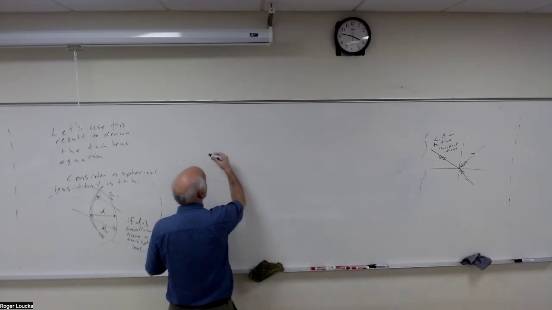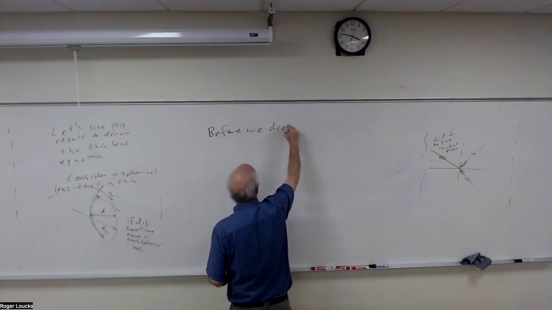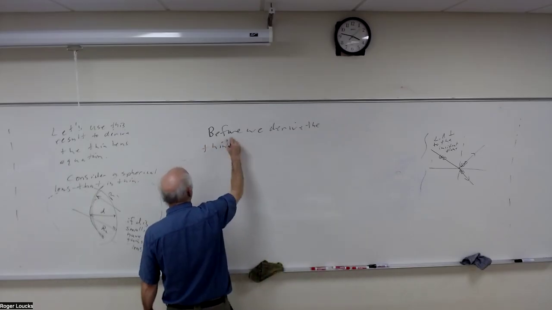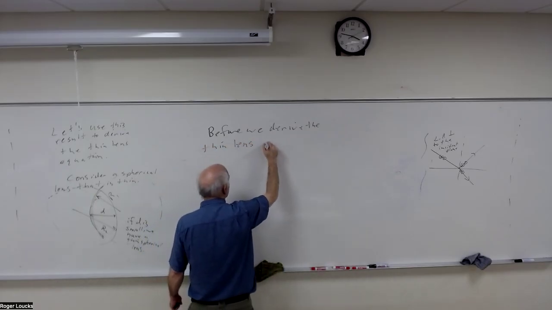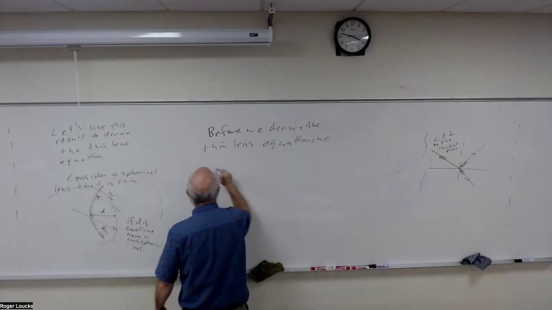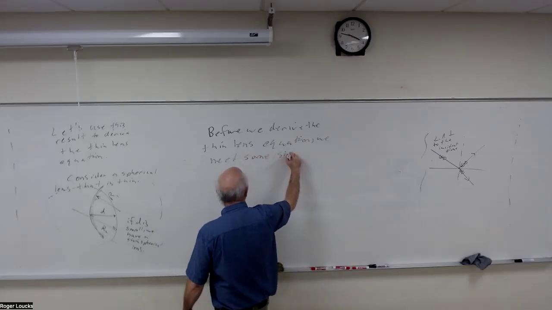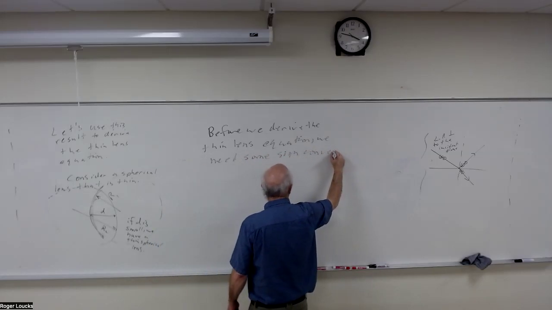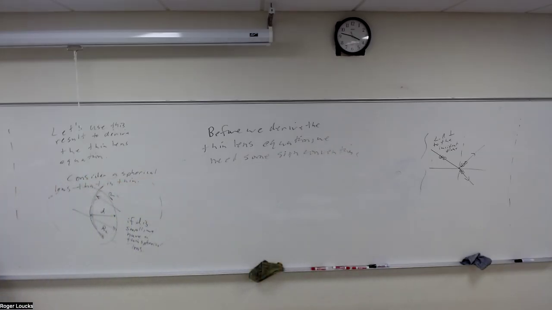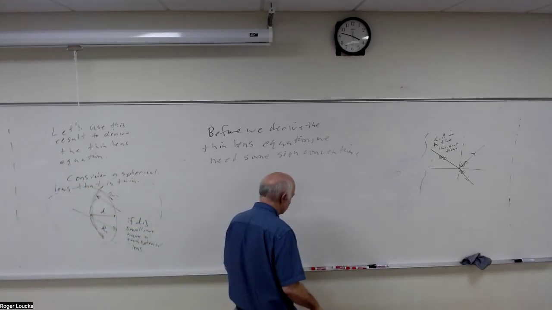So before we derive the thin-lens equation, we need some sign conventions. I think that's getting way too faint, and I don't even know if people can see that. They can still see that. That's good. I declare it done.